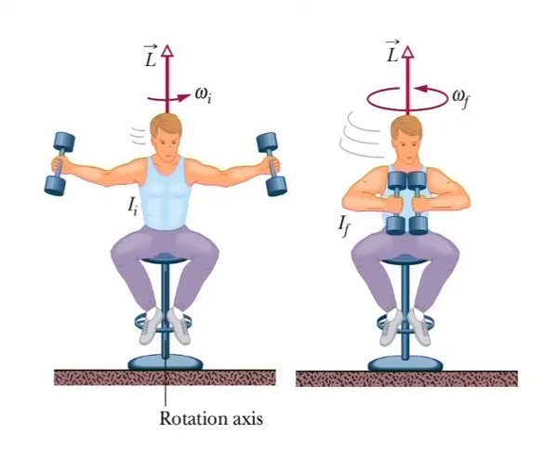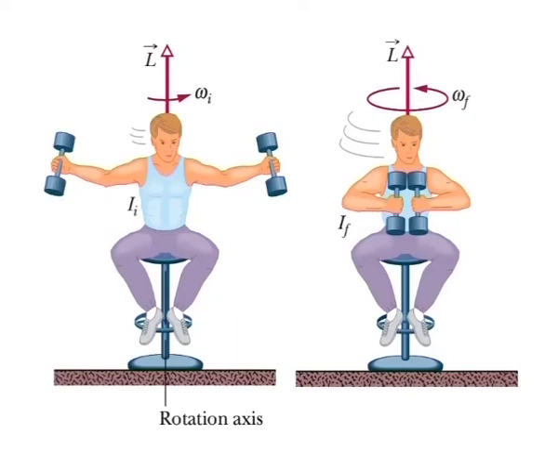No net external torque acts on the system consisting of the student, stool and dumbbells. Thus, the angular momentum of that system about the rotation axis must remain constant, no matter how the student maneuvers the dumbbells.